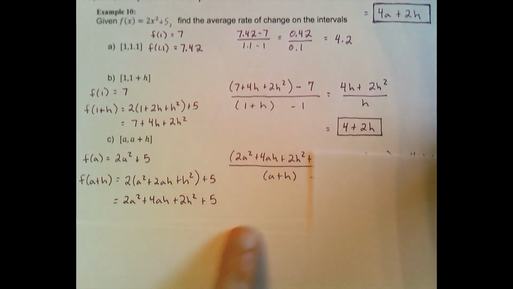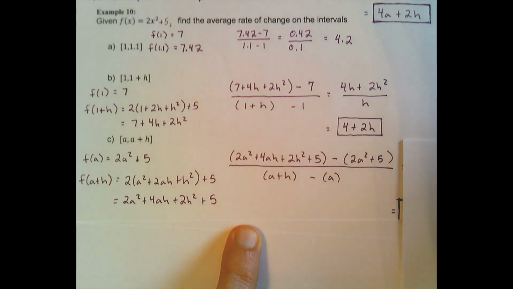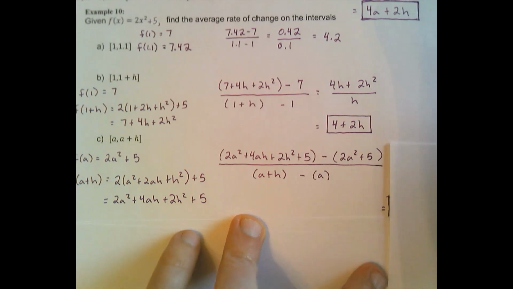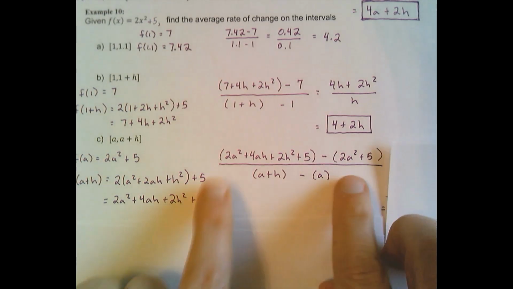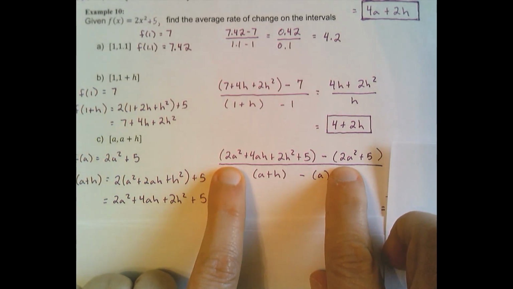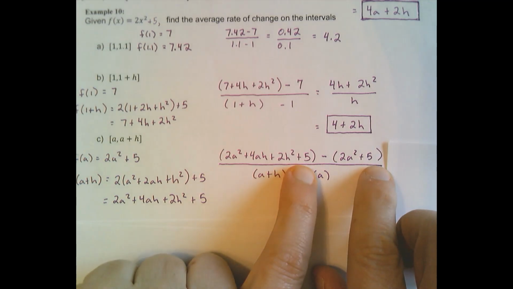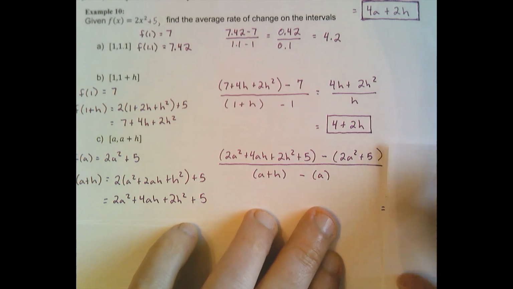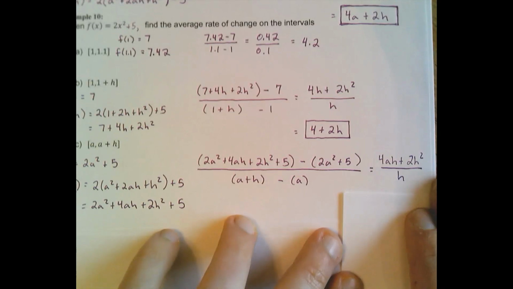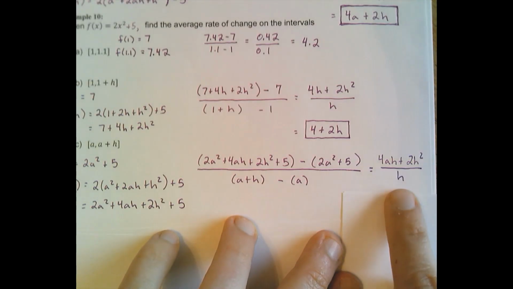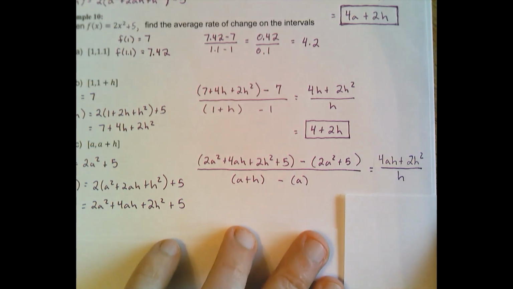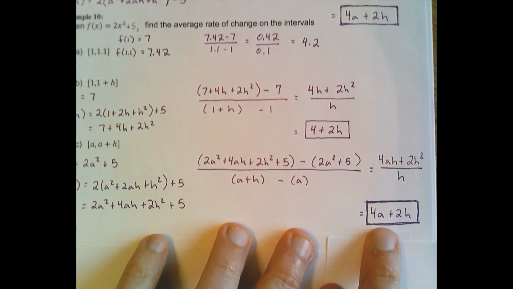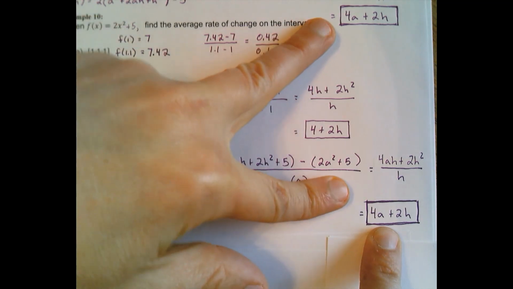Then we set up the difference quotient, and we cancel the things that cancel. 2a squared, 5 subtract 5 cancels, a subtract a cancels, and we get an expression where all three terms have an h, and so we factor that h out, and we arrive at the same answer that we had in 9e.